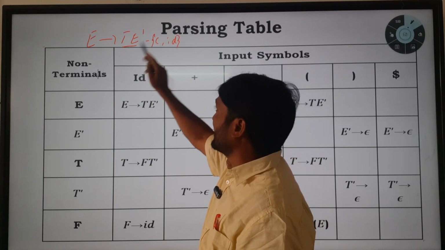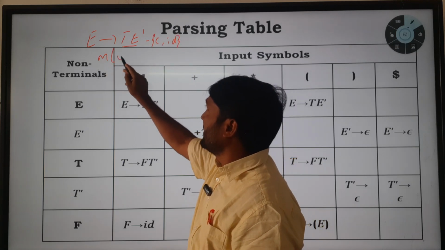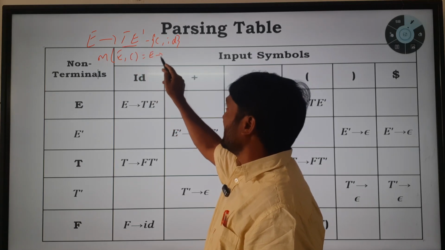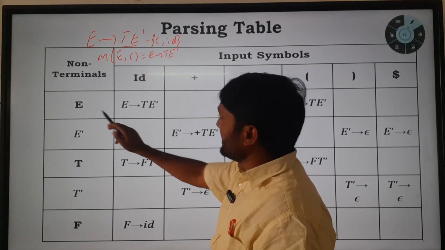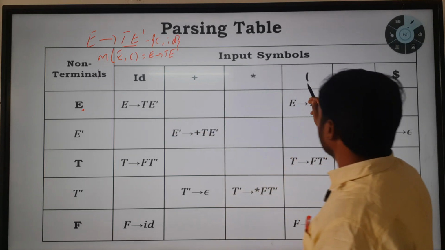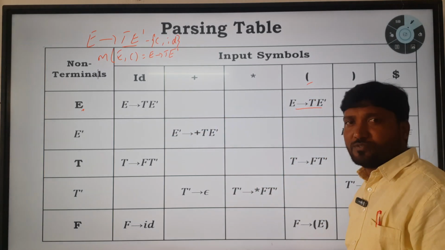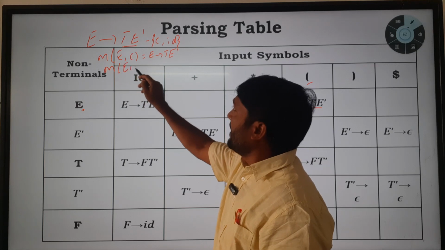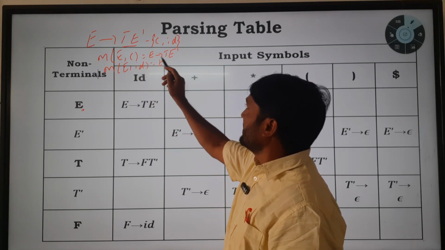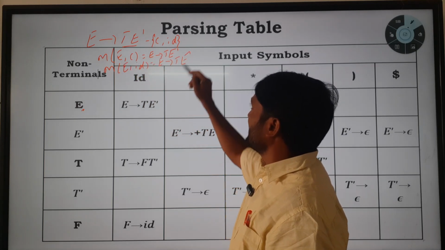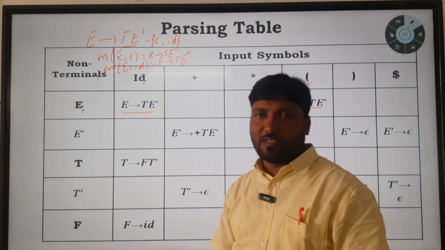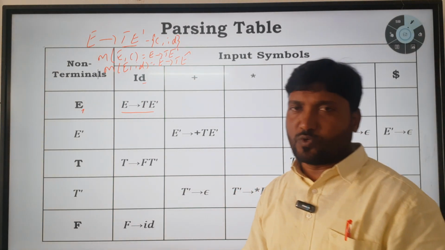So for this we create the entry M of E comma open bracket, filled with E derives T E dash, and M of E comma ID, filled with E derives T E dash. That is the first rule.